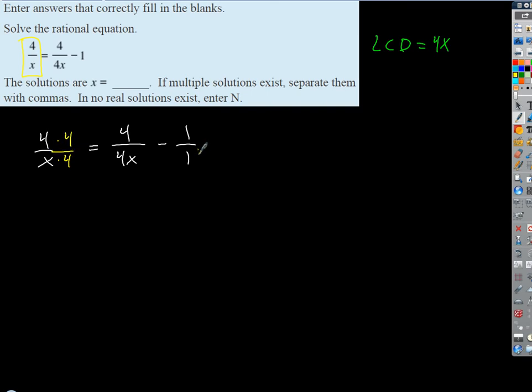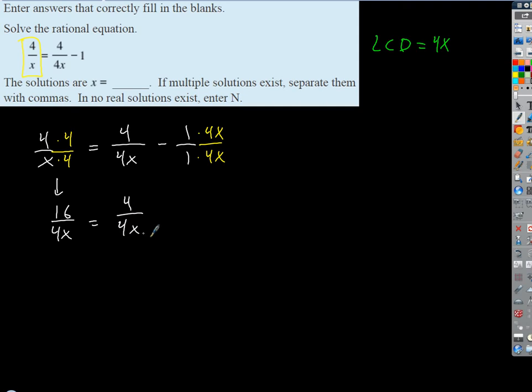Last fraction, to get a 4x on the bottom, I would have to multiply by 4x and do the same thing to the top and the bottom, and what do we get?